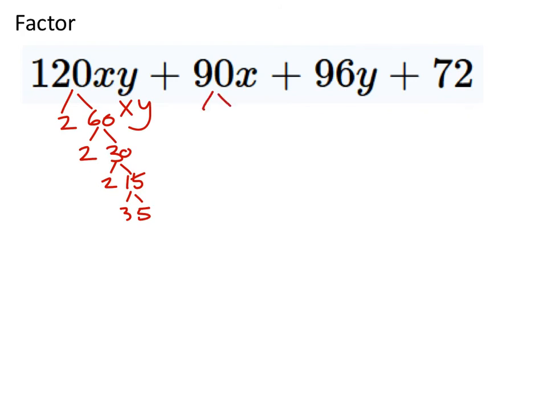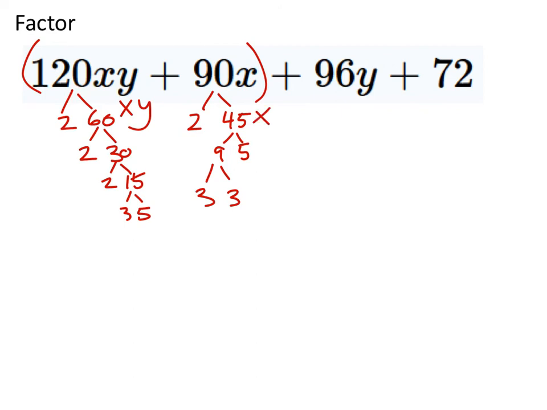And then 90 factors into, and I'm sorry, we're focusing specifically on factoring by grouping, so just these 2. And 2 and 45. Oh, wow, I did 2 and maybe 3, 9 and 5. Because the 15 and 3 would break down into 3 and 5 as well. Okay. So I still got 2, 3, 3, and 5 from the 90x.